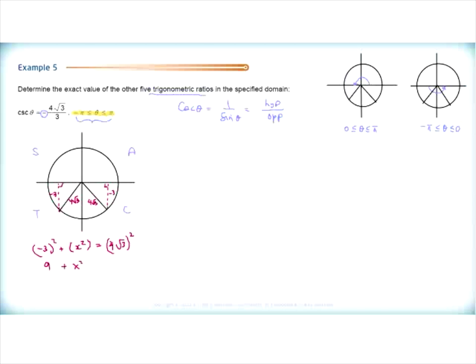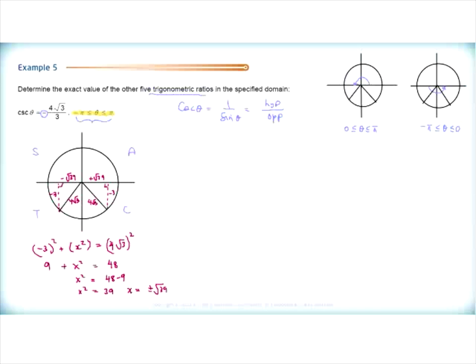That's 9 plus x squared equals 16 times 3, which is 48. X squared will equal 48 subtract 9. X squared equals 39. So x equals plus or minus the root of 39. And there are two values for x here. We got a negative root 39 right here, and we got a positive root 39 right here. So we do need to consider both values.